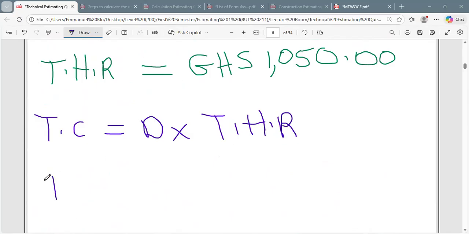Okay, so now our total cost, we say the duration is equal to 21 days times the total high rate that we had, 1050 cities.